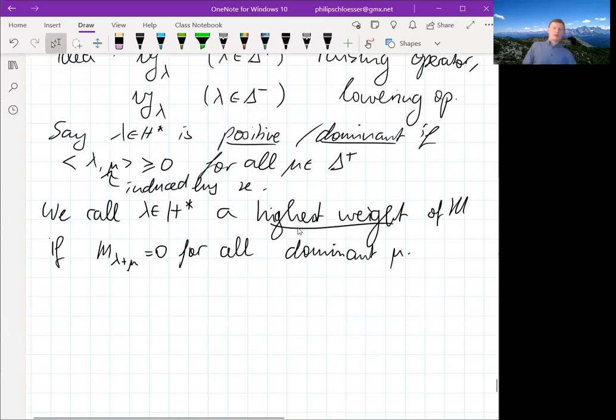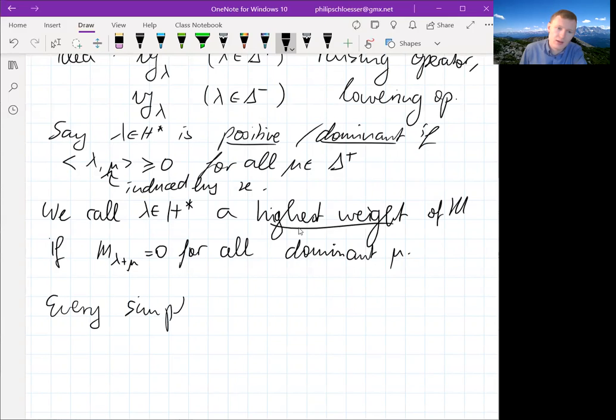Okay, we have the notion of a highest weight, and it's quite easy to prove that every simple UG module firstly has a highest weight just because it's finite dimensional.